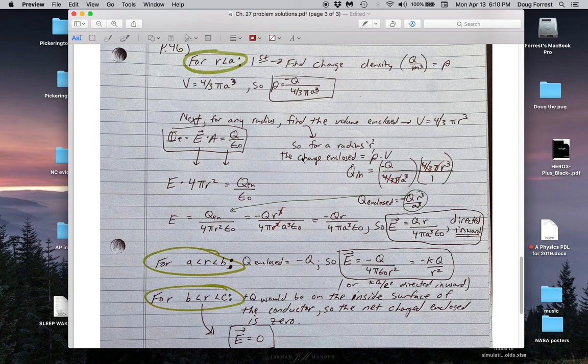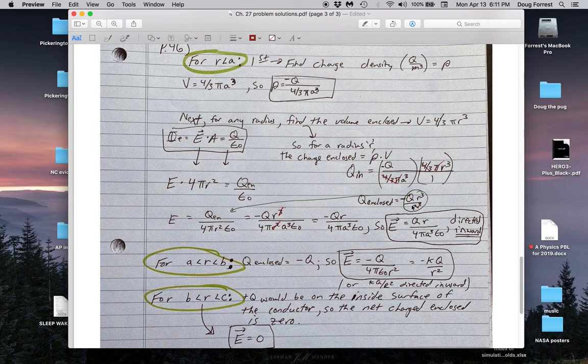So the charge enclosed is density times volume. Coulombs per cubic meter times cubic meters gives me coulombs. That's the charge density I figured out up here, and this is the volume for any radius r. Notice the 4/3 pi's cancel out, so I get negative q r cubed over a cubed. That tells me the charge enclosed for any radius.